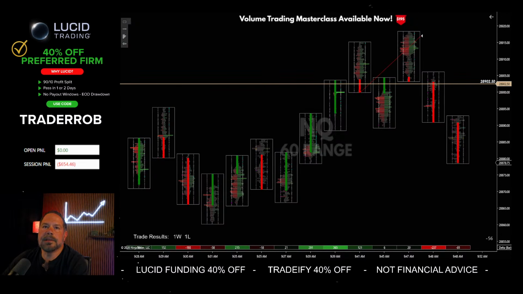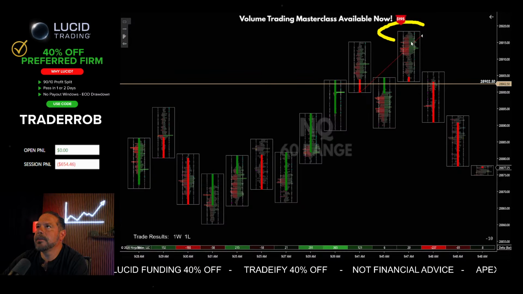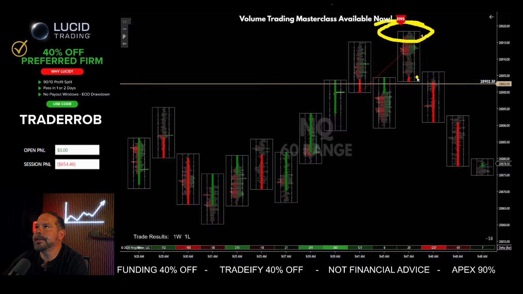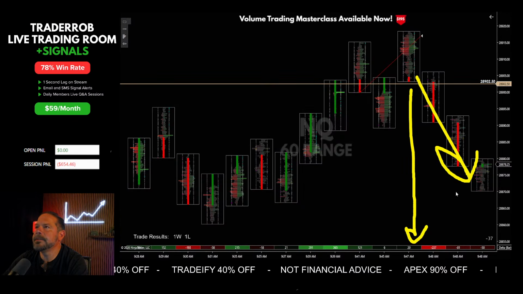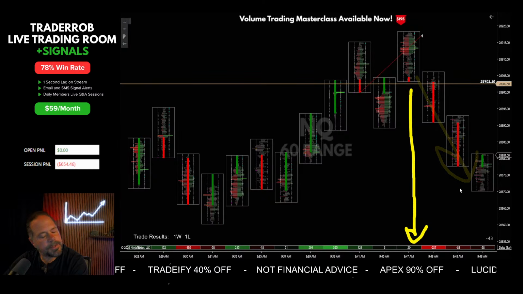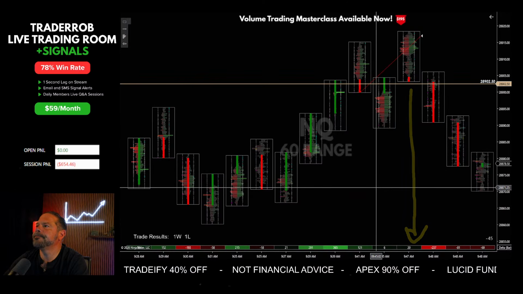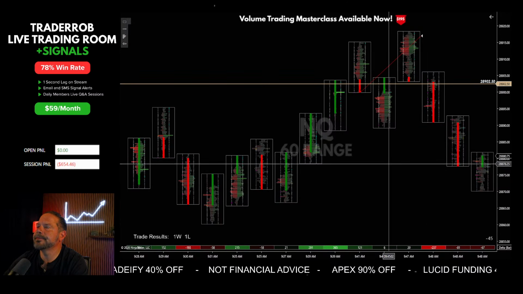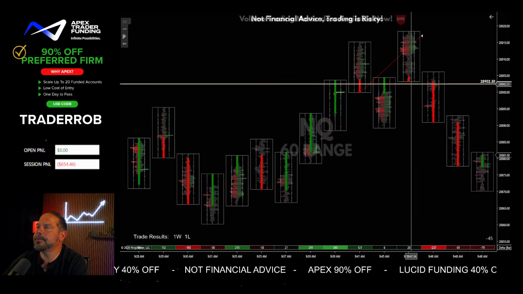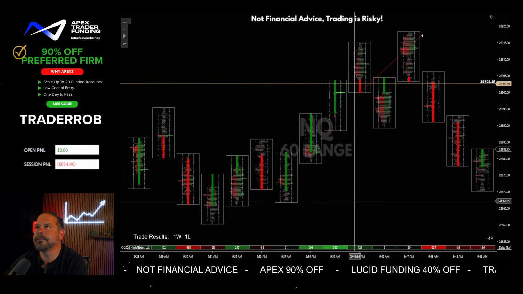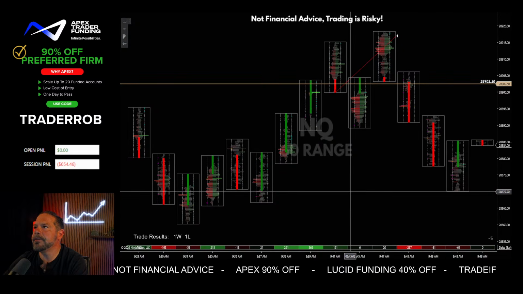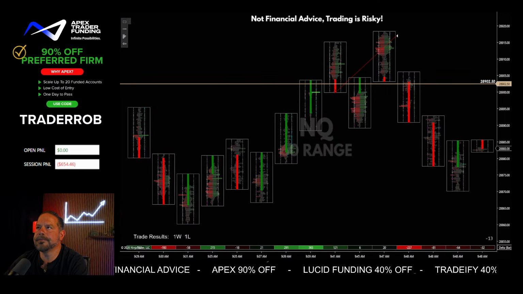So a little unfortunate. Market just needed to rebalance this top right here, and then that was the move, and another flip right here. So a bit unfortunate with that trade. And I'm not gonna lie, I was a few seconds away from hitting the short button right there on that second flip, but buyers have been pretty strong most of the morning.